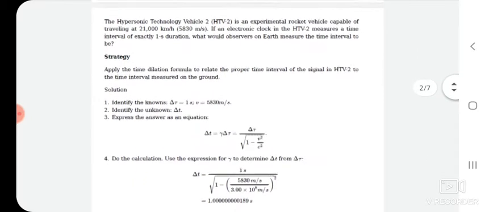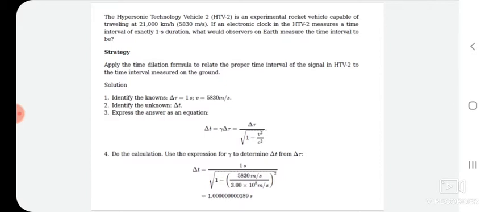Now, just see, this is one problem. The hypersonic technology vehicle 2 is an experimental rocket vehicle capable of traveling at 21,000 km per hour, that is 5,830 meter per second.